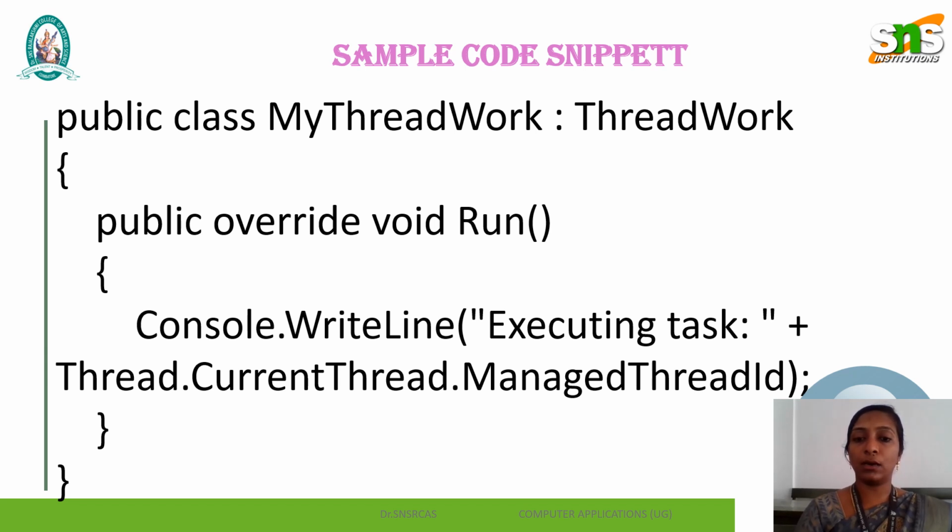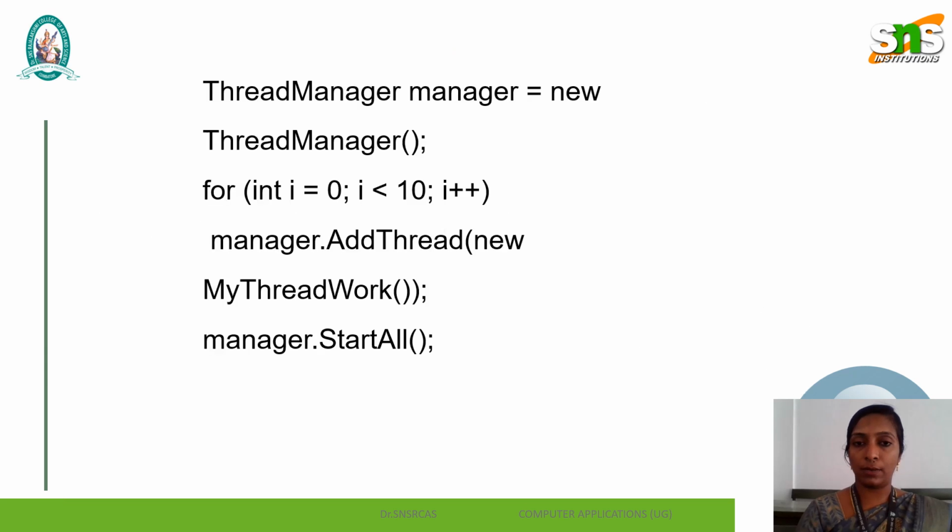Console write: the class executing task, the current thread, and the managed thread ID. We execute the task on the console line, before which we define the functions for the current thread and managed thread ID so that they execute their task for the next line.